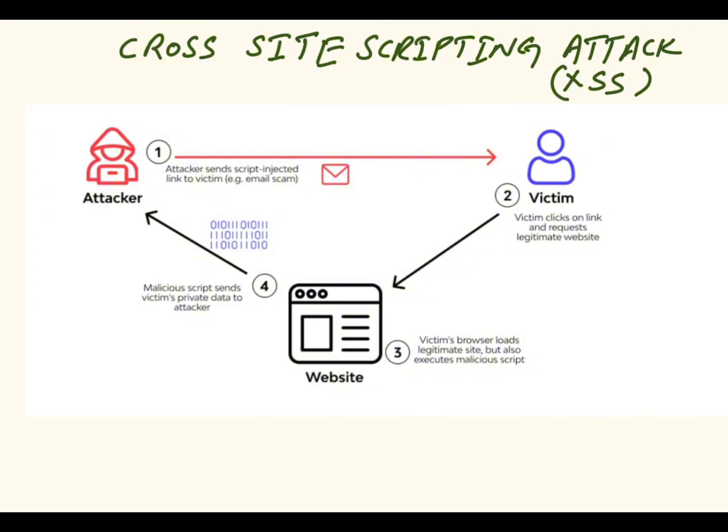Another scenario could be that the victim or user receives a phishing email with a malicious link. So here we will focus on one scenario in this video, and how it works. Let's say the victim receives a phishing email, as you can see in this diagram, containing a malicious link, and the victim clicks on the link, which opens a fake and compromised website.